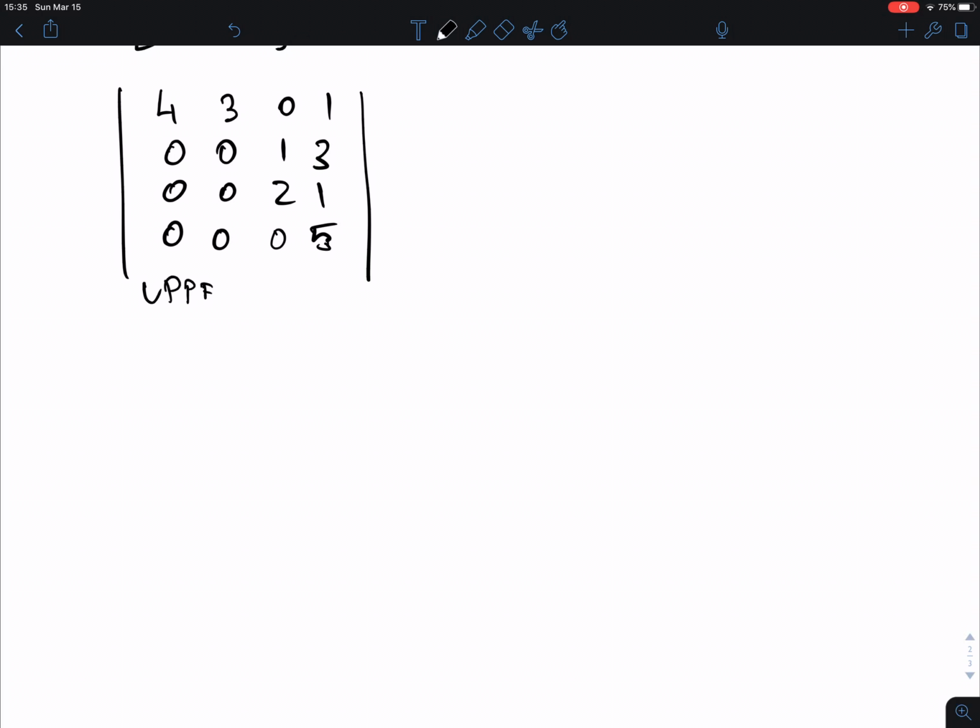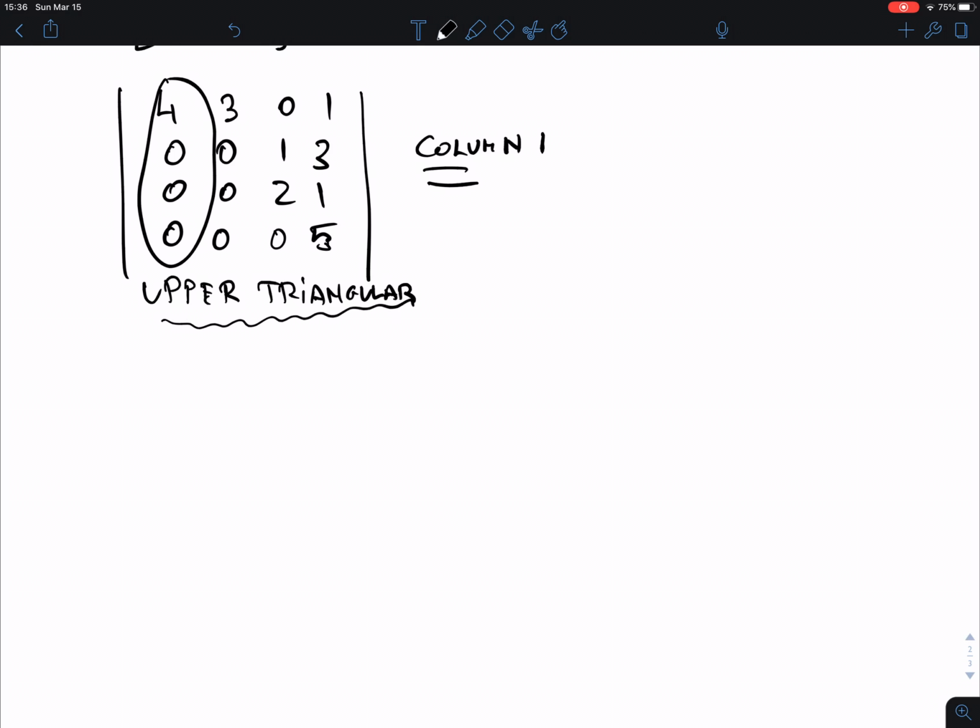Upper triangular matrix. That's from the previous chapter, right? That we discussed this. Okay, so in an upper triangular matrix you can do it very systematically. You start with the first column, column 1. This column, because it has only one element in it, by virtue of it being an upper triangular matrix.